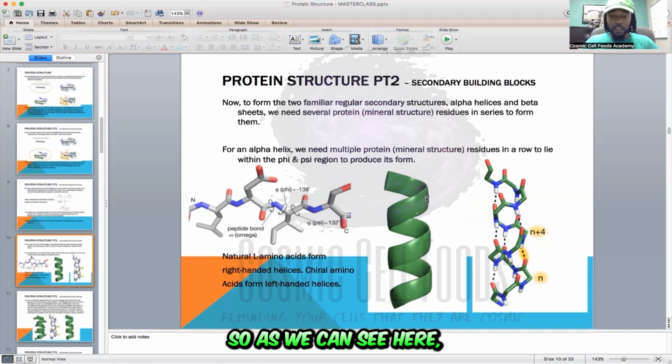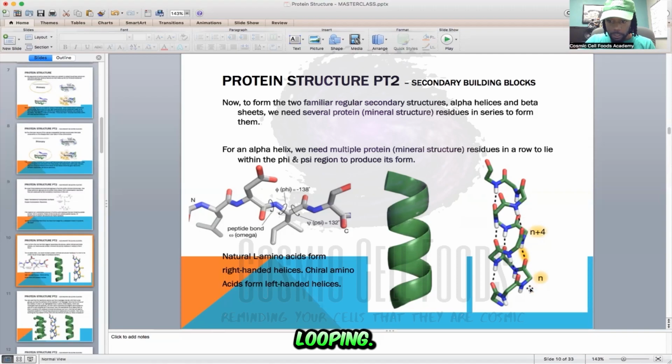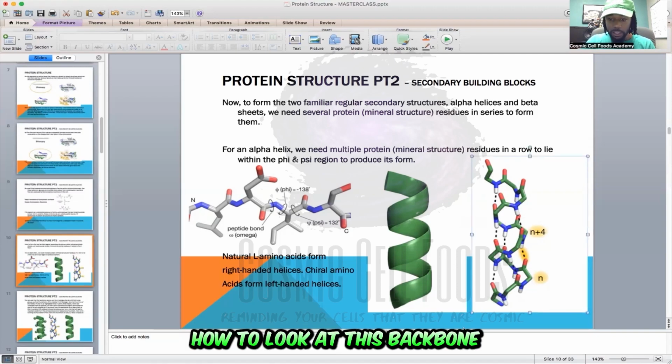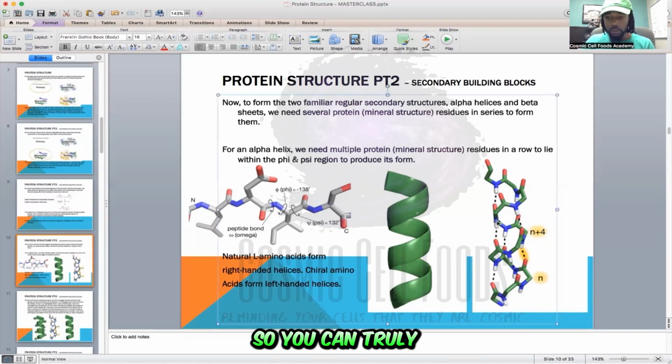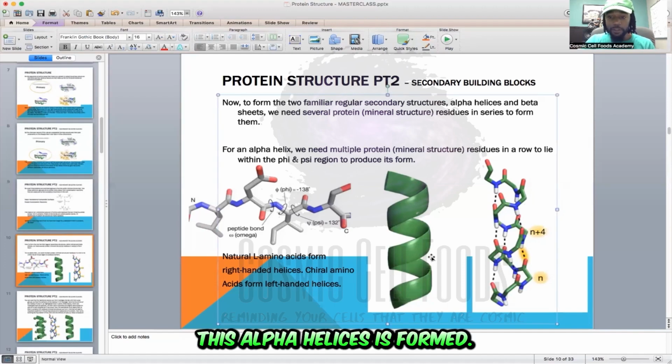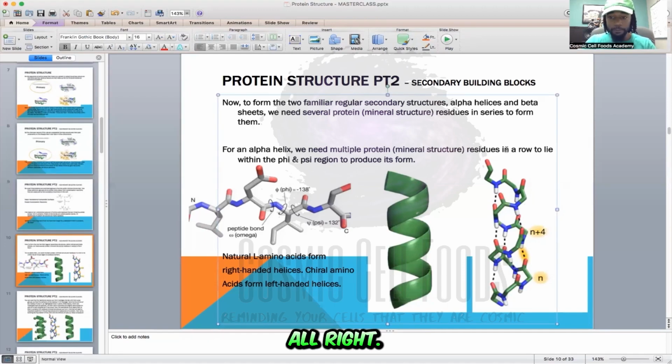As we can see here, this is an alpha helix, and this is its backbone structure. As we can see, it's looping, it's looping, it's looping. I just want y'all to see how to look at this backbone so you can truly see how this alpha helix is formed.